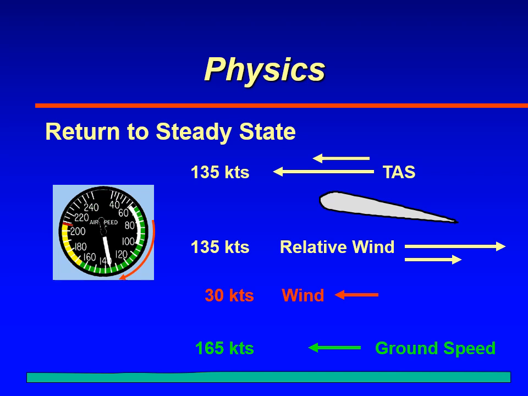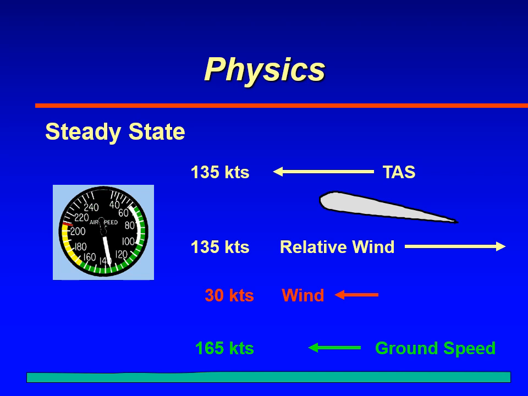So smaller airplanes, a Cessna 150, of course it experiences shear, but it can accelerate faster through the shear because it has less momentum. Bigger airplanes take a longer amount of time and more force to accelerate to the new airspeed to overcome the shear.